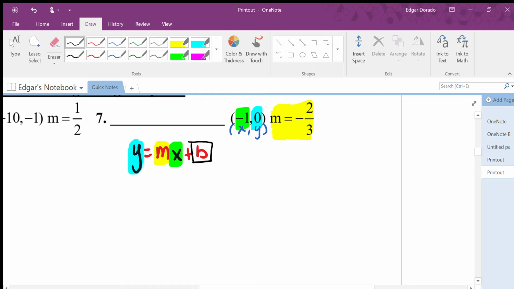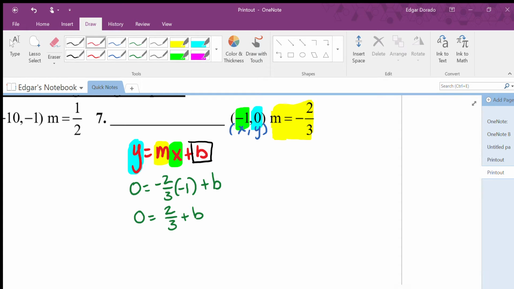So let's go ahead and substitute a little bit. So I have 0 equals -2/3 times -1 plus b. 0 equals -2/3 times a -1 is actually +2/3.